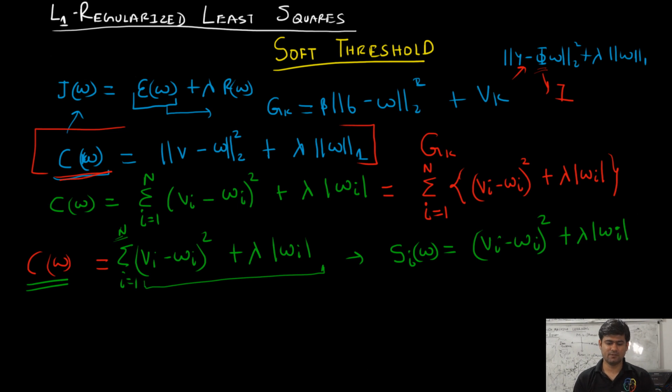Uncoupled terms means that, because of the absence of matrix phi, if we expand this, we will not have any term like Wi times Wj, where i is not equal to j. Because of the absence of any such term, we have decoupled functions, and minimizing this loss function C of W is the same as minimizing individual scalar loss functions.